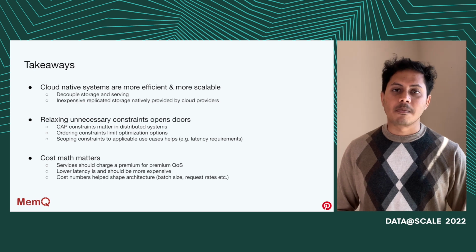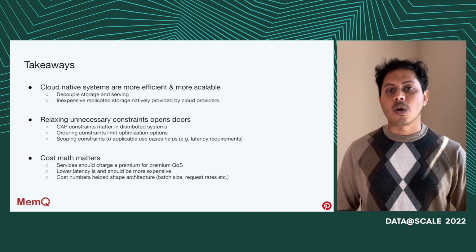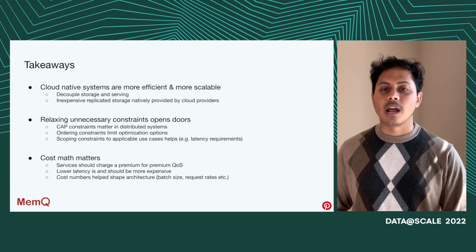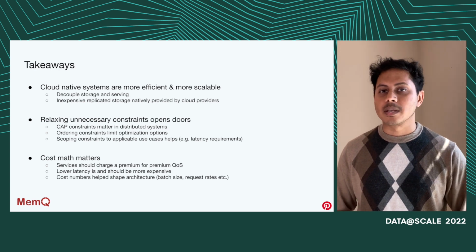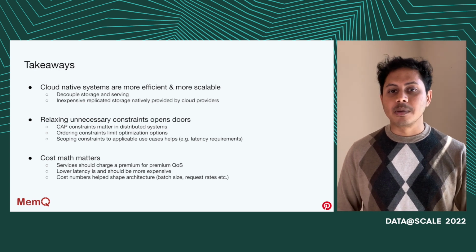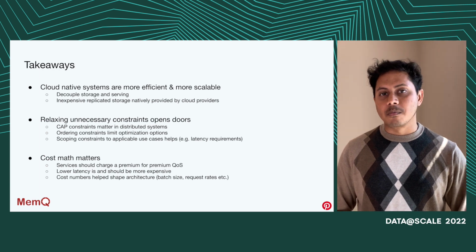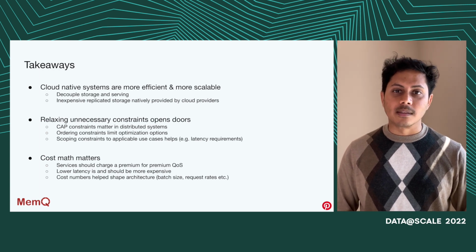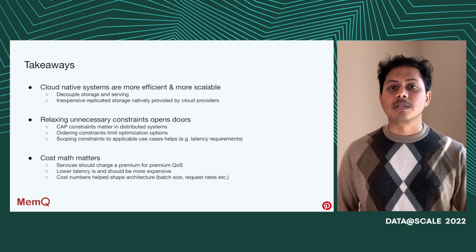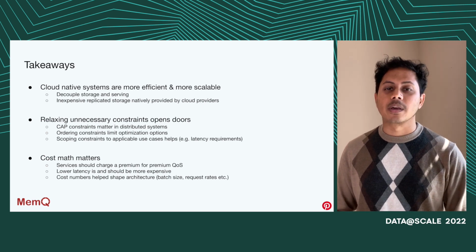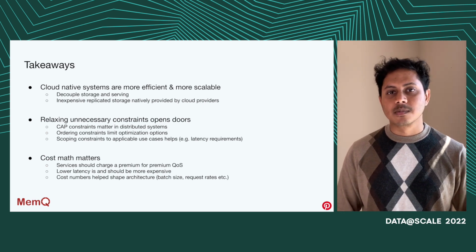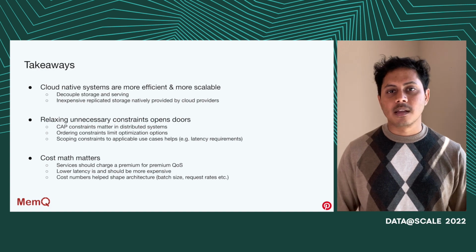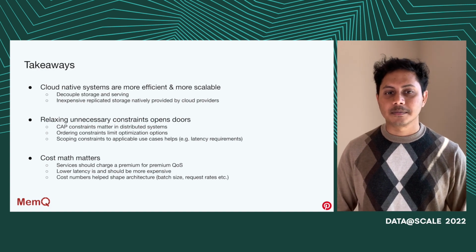And lastly, cost math matters. We used our cost-based equations to figure out what the batch sizes, request rates, and other parameters in MemQ should be. Also, there should be a premium for low latency, and that's what MemQ is leveraging. We are able to showcase that higher latency systems shouldn't nearly be as expensive as lower latency systems.